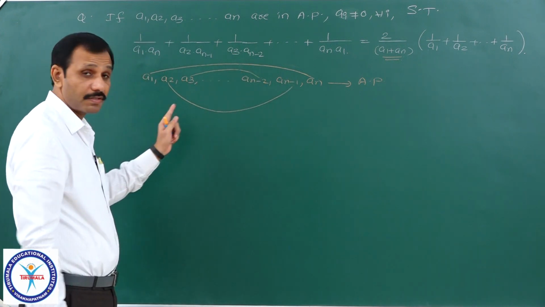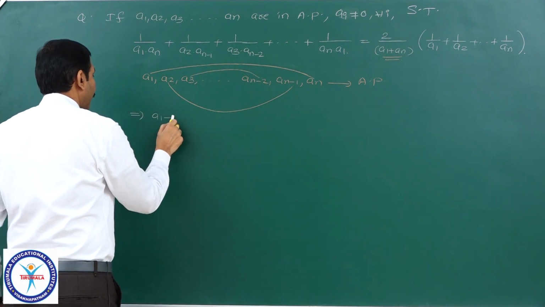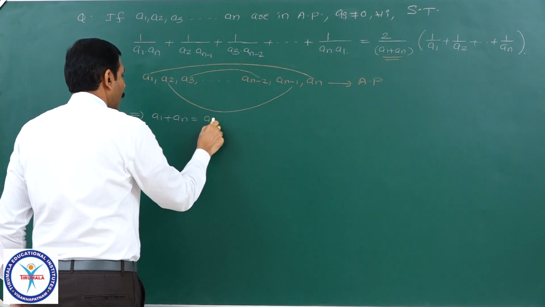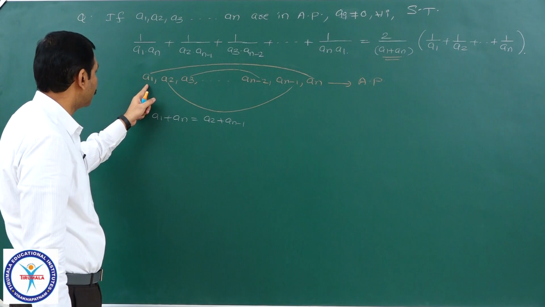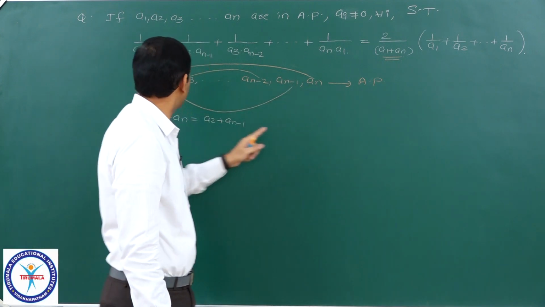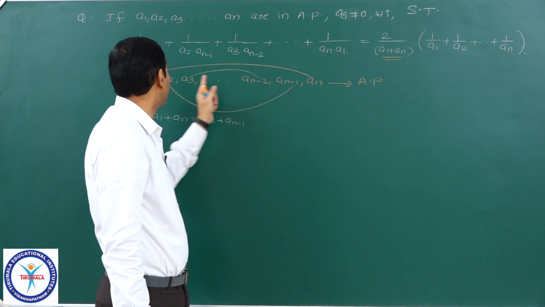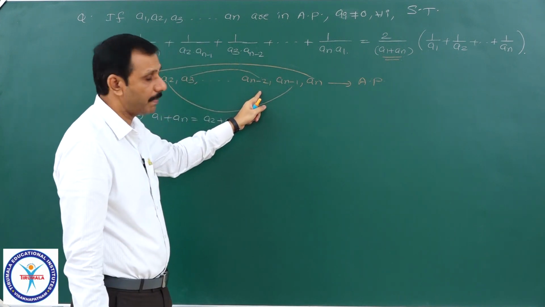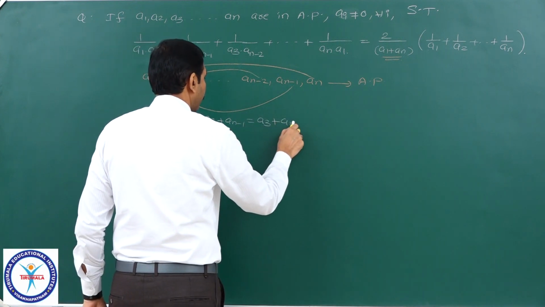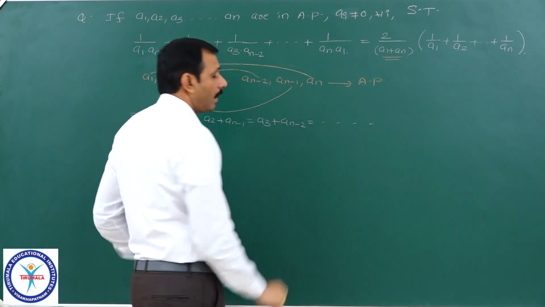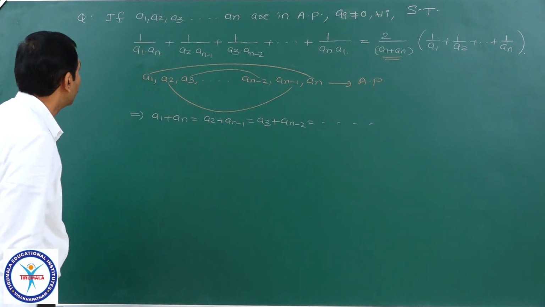In previous lectures we discussed this point. Therefore, I will write here a1 plus an is equal to a2 plus an minus 1. a1 plus an means it is the first term from the beginning and the first term from the end. a2 means the second term from the beginning, an minus 1 means the second term from the end. It is the third term from the beginning, third term from the end, and so on. Therefore, it is equal to a3 plus an minus 2 and so on. All these are equal. This is the concept which I am going to use here.